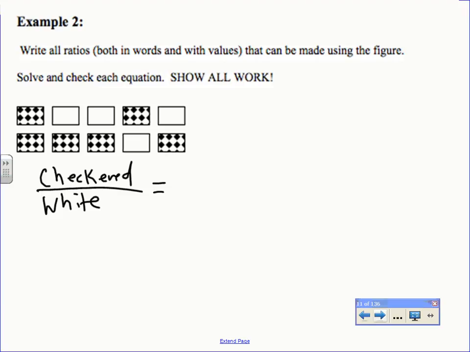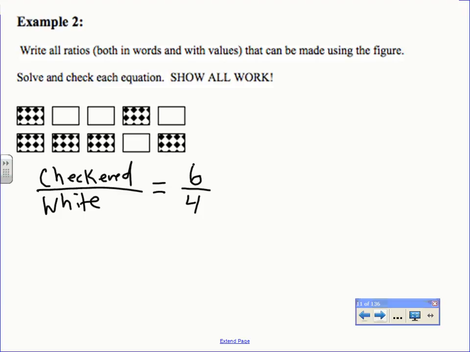Drew. Okay, why did you change your mind? Good job. There are 6 checkered ones, 1, 2, 3, 4, 5, 6, or you can call them diamond ones, I don't know. And then there are 4 white ones, 1, 2, 3, 4. So just make sure that what you're referring to translates to the number that you're writing there.